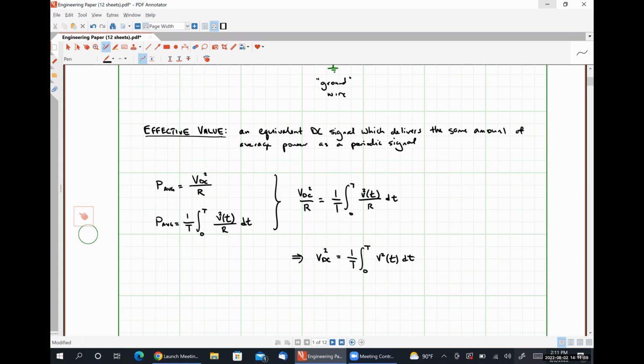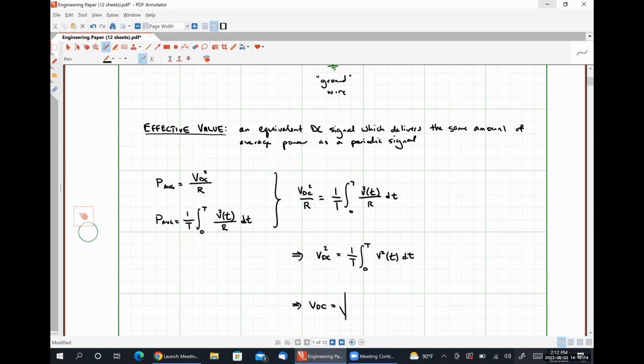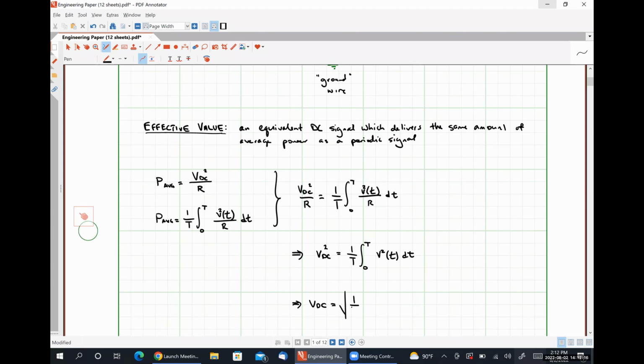And since we're trying to find the equivalent DC signal, we'll simply take the square root of both sides. So the equivalent DC signal, VDC, becomes the square root of 1 over T times the integral from 0 to T of V of T squared dt.